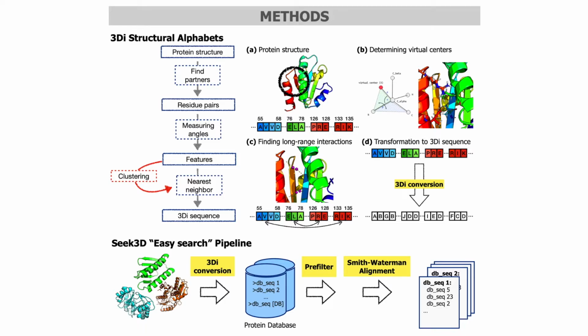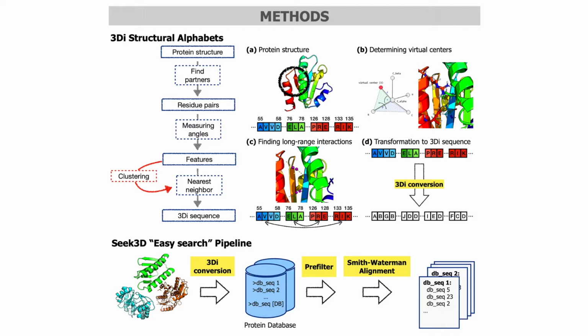The interaction between the residues is described by the relative orientation of their C alpha backbone fragments, ending up with a total of 9 features containing 7 angles describing the backbone orientation and 2 distances describing the long-range interaction. These features were clustered to get discrete states, and each residue was assigned to a state by the nearest neighbor, and we ended up with a total of 17 letters.